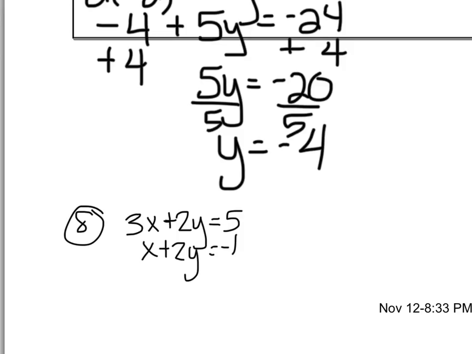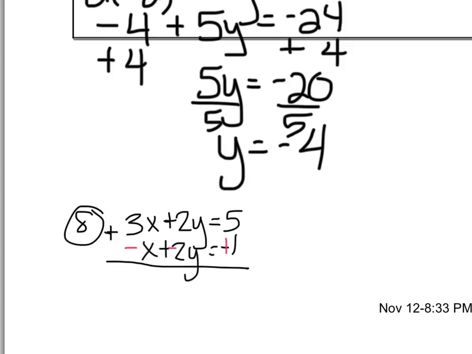So again, if none of them are opposites to start with, then we look for the one that's the same, so we can change signs, and the y's are the same. So I'm going to add the opposite here. So the x becomes negative, 2y becomes negative, and the negative 1 becomes positive.